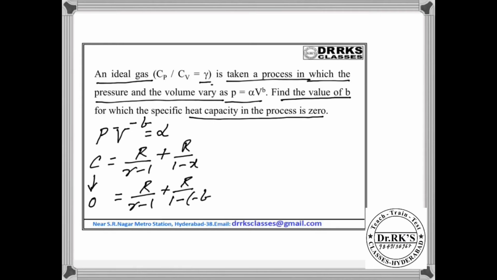Minus B. So from this we can find that B is equal to minus gamma. An interesting thing is, this is nothing but an adiabatic process, where no heat is given to the system or taken from the system and dq is 0. For adiabatic, it is an adiabatic process.